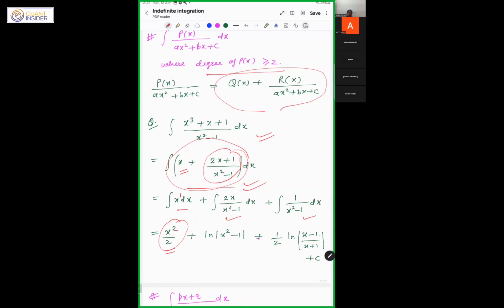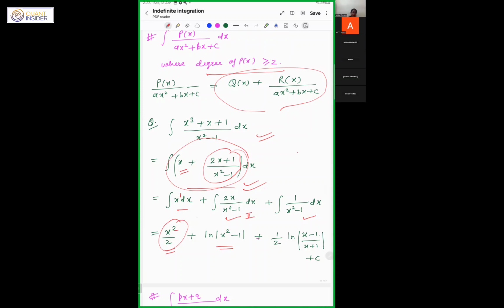Now in the first integration, you can see that 2x is the differentiation of the denominator. In the denominator you have x square minus 1, and its differentiation is 2x, which is present in the numerator. So you can apply that result. It gives you log of the denominator, so log of x square minus 1.